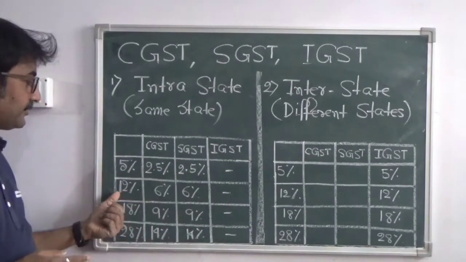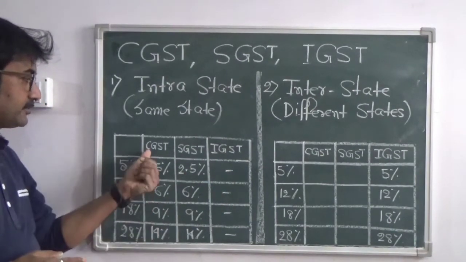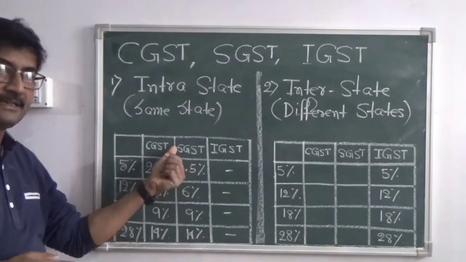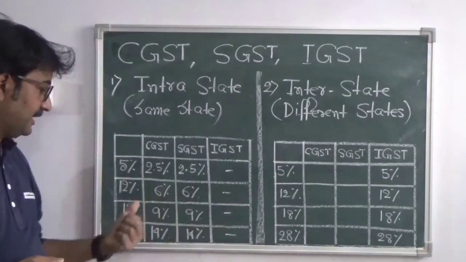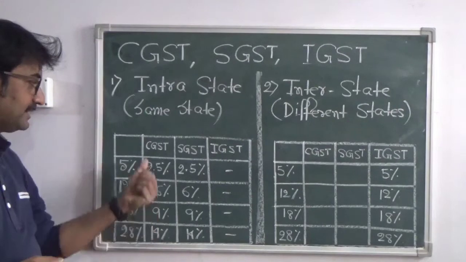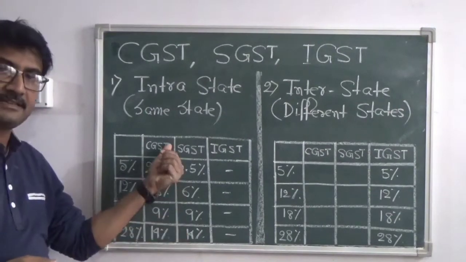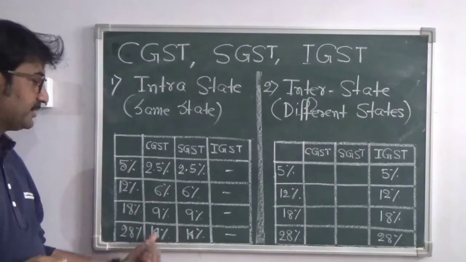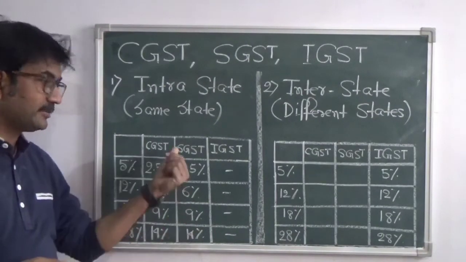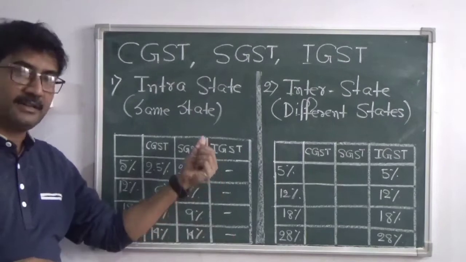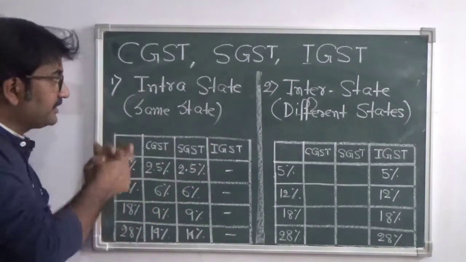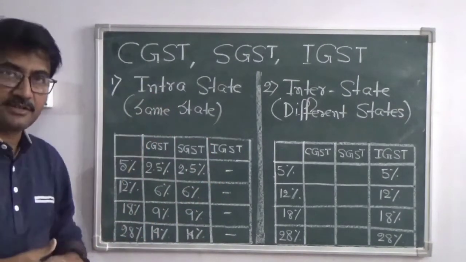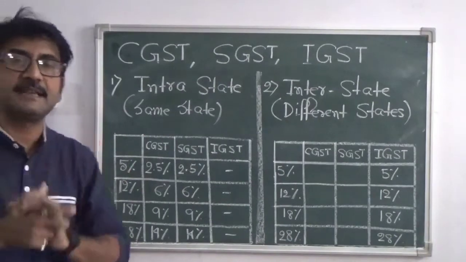Similarly, 12% of GST is 6% goes to CGST and 6% goes to SGST, no IGST. 18%, so 9% goes to CGST and 9% goes to SGST, no IGST. And 28%, 14% goes to CGST and 14% goes to SGST, no IGST. So this is all about the intrastate transaction, when the transaction takes place within the same state.